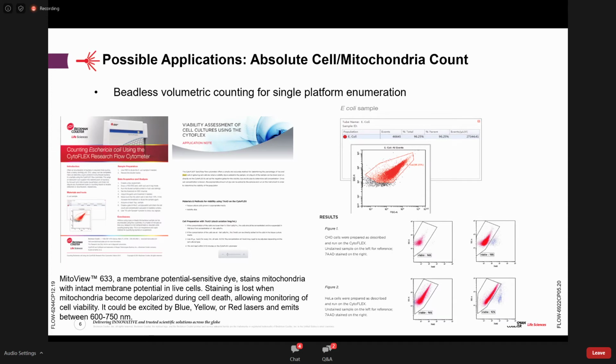Live and dead stains could be used to count live and dead cells. Some typical probes would stain dead cells, and live cells would remain impermeable. But a dye such as mito-633, on the opposite, would stain mitochondria in live cells, and the staining is lost when mitochondria become depolarized during cell death, apoptosis.